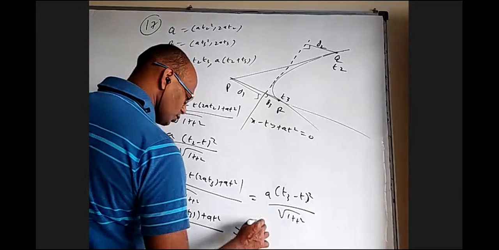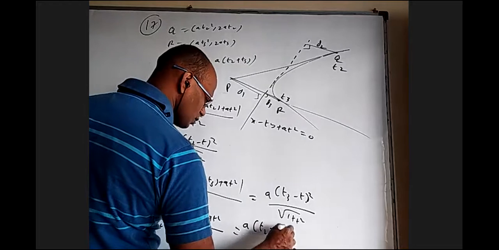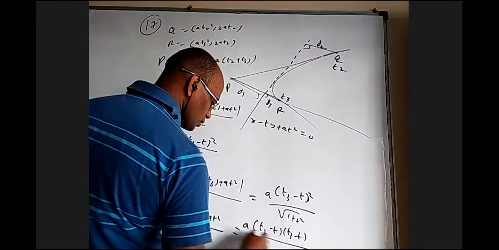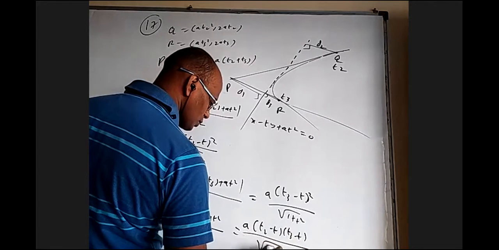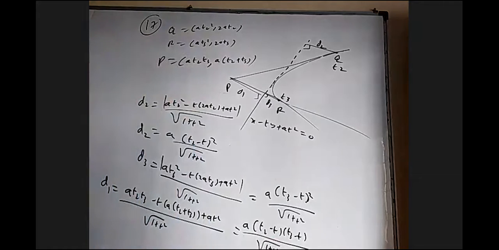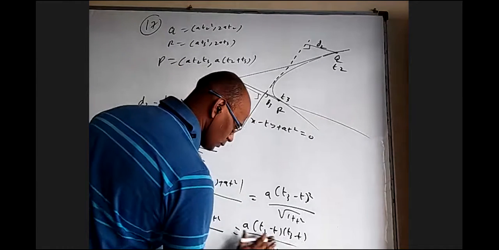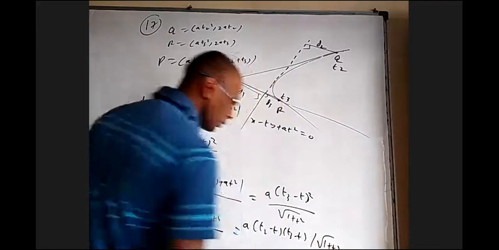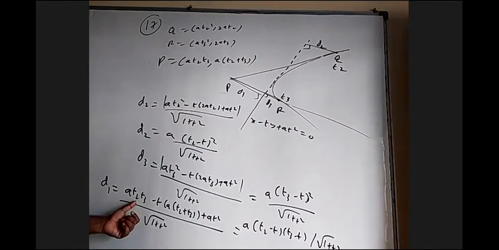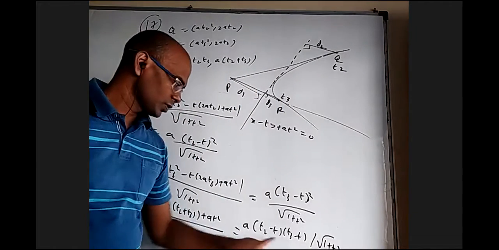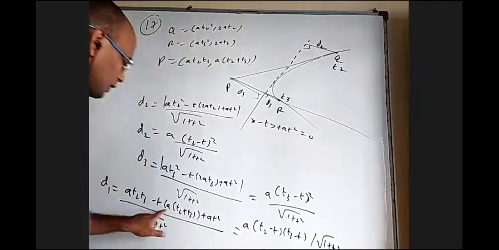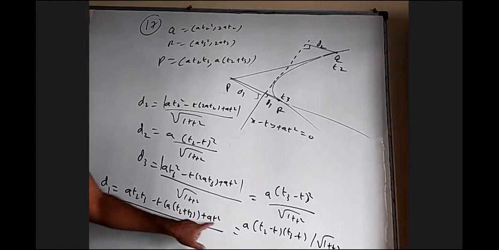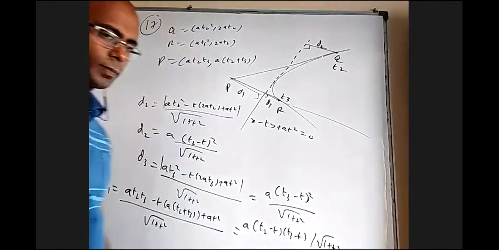It is a into t2 minus t into t3 minus t by root 1 plus t square. This is t2 into t3, that is this into this, and this into this is together t times t2 plus t3, and t into t is t square.